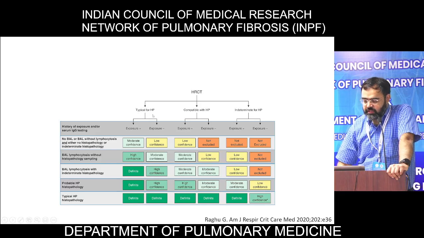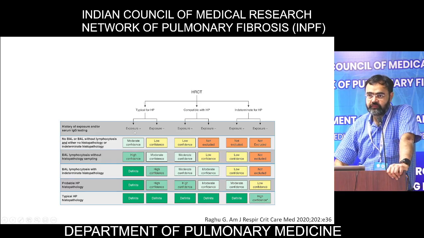Once you have a typical pattern for HP and you have a clear exposure history, for example somebody who feeds pigeons every day for several months to years, then already you have a moderate confidence diagnosis of HP. You see this moderate confidence even without a BAL or further biopsy. But if you don't have an exposure history, then even with a typical CT pattern, the diagnosis is only low confidence.